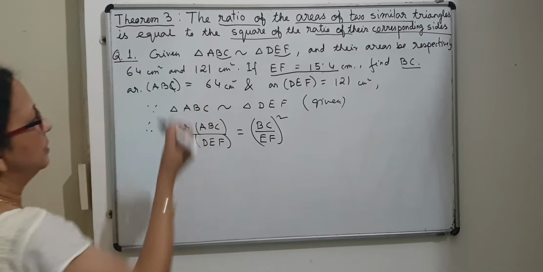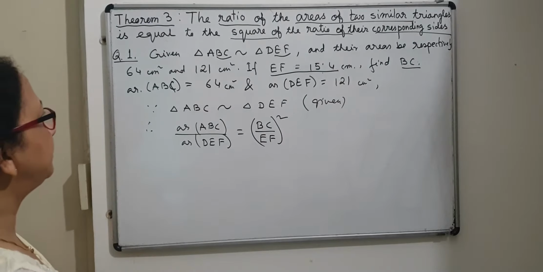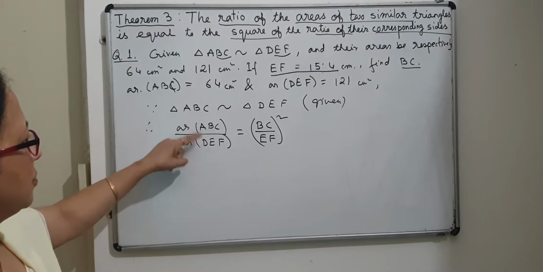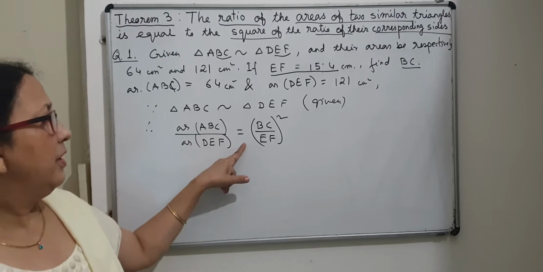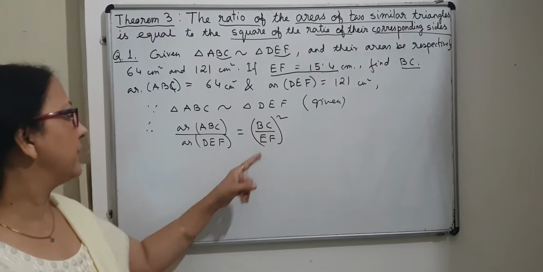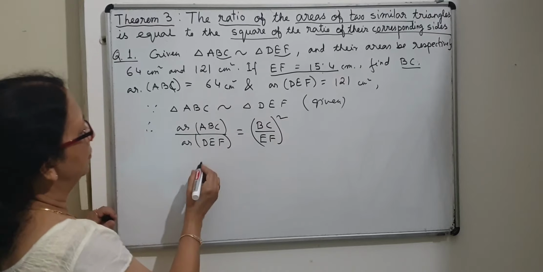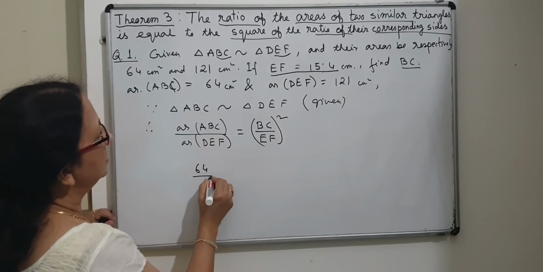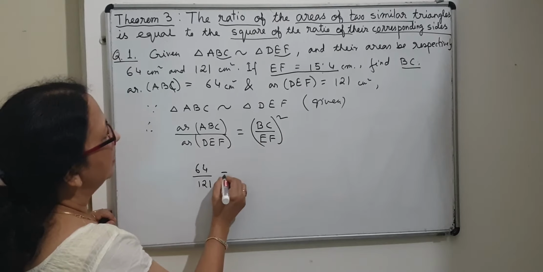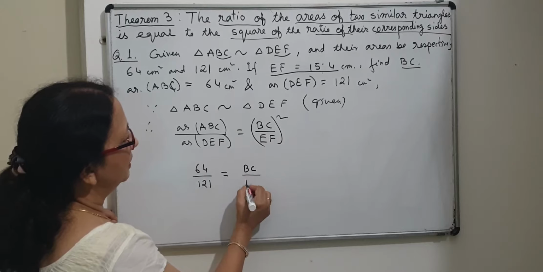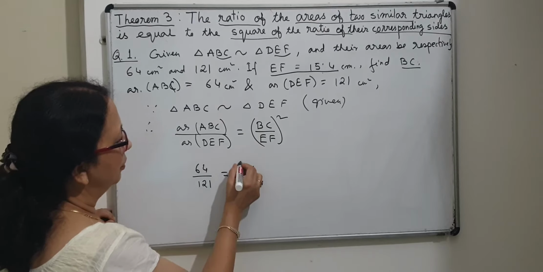So by this above theorem I can write this expression. Since the triangles are similar, the ratio of the areas of these two similar triangles is equal to the square of the ratio of their corresponding sides. Now simply put the values. ABC was 64 and DEF is 121. BC we have to find out. EF is 15.4.